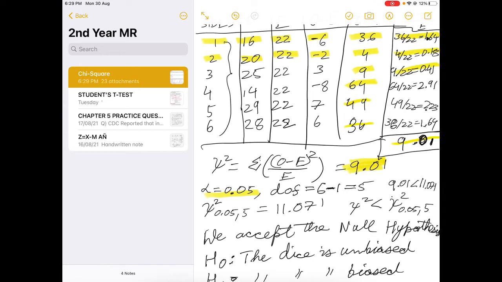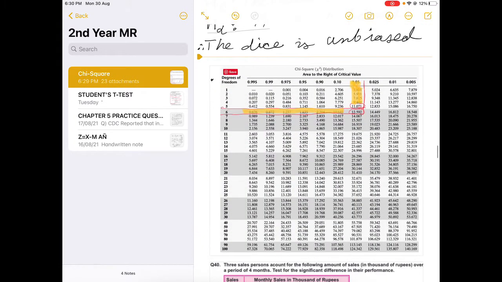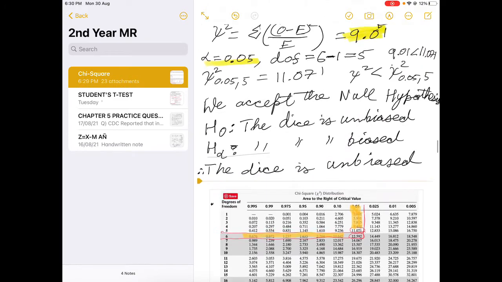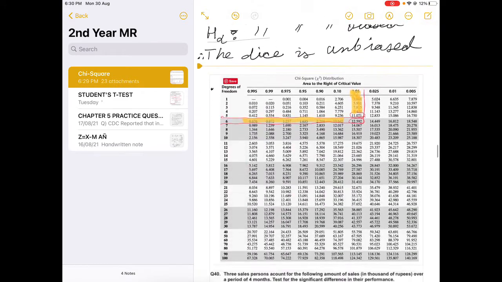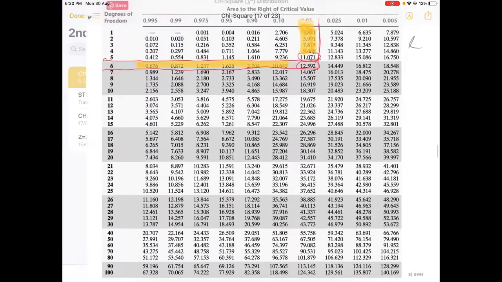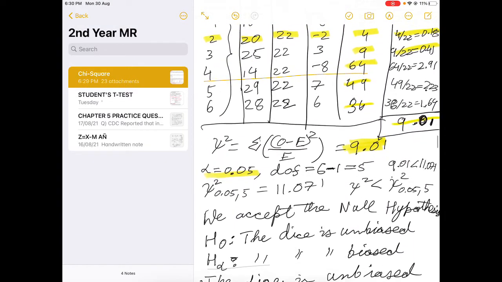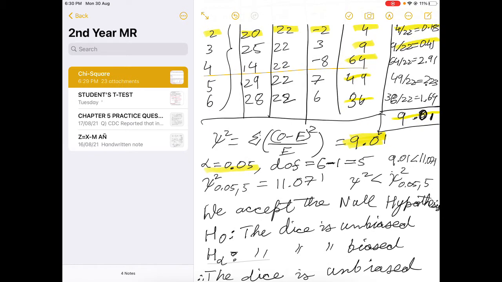So we have to look up this value in the table. If we go down, I have already marked it. You can see for 5 degrees of freedom, at the 0.05 level of significance, you have the outcome 11.071. That is the chi-square significant value. We compare this with the statistic we have calculated.